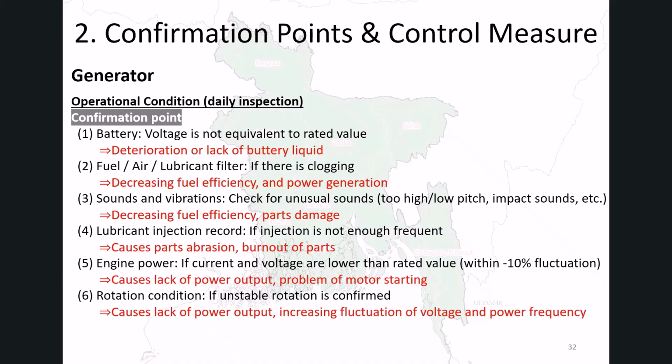These are the key daily inspection points for generator operation. Performing daily inspections properly helps prevent failures, extend equipment life, and maintain safe operation. Early detection of small abnormalities is the first step in preventing major accidents.